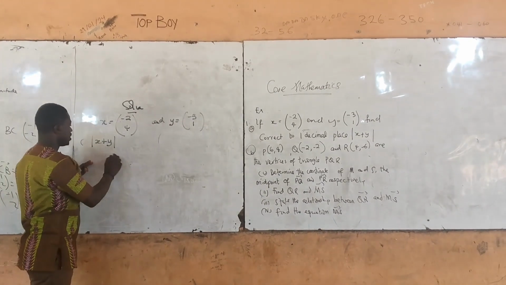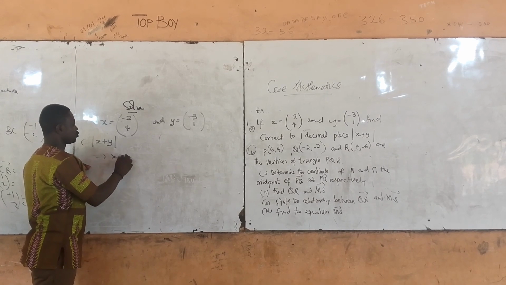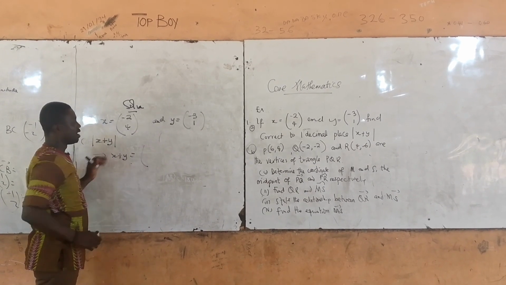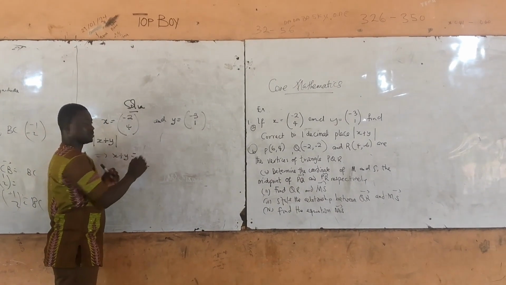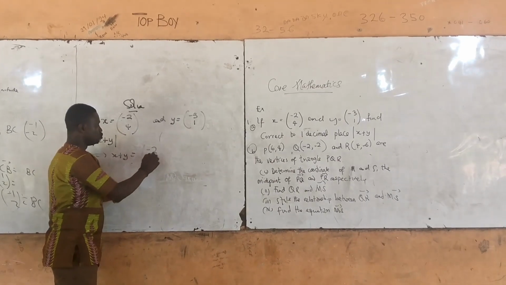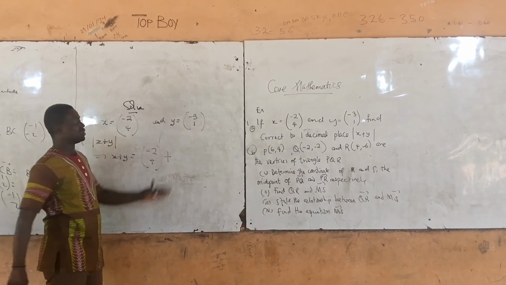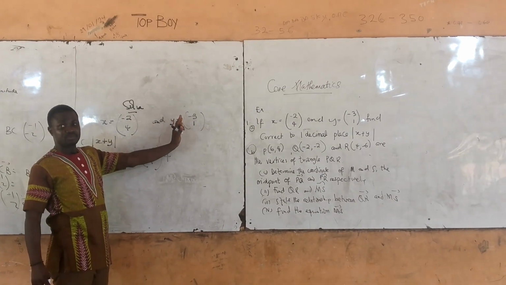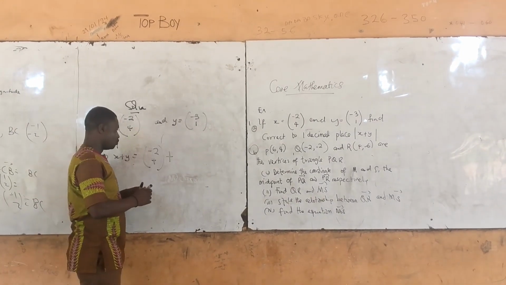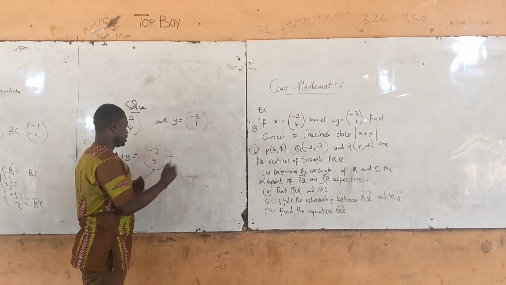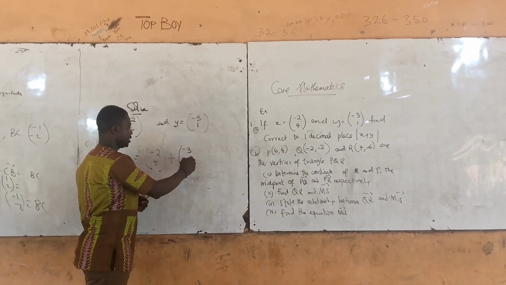So for x plus y, we are going to have the components of x, which is (-2, 4), plus y, which is (-3, 1).